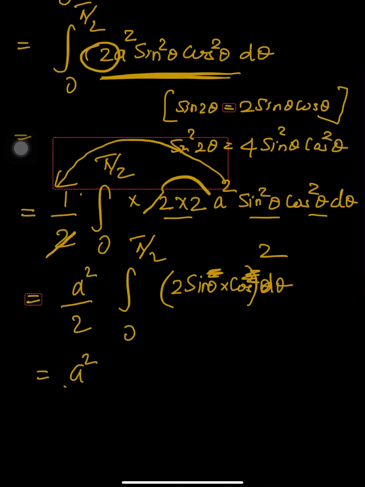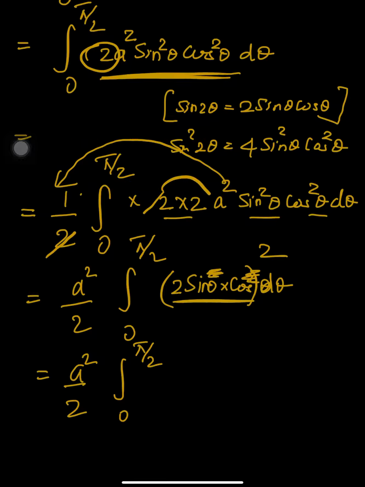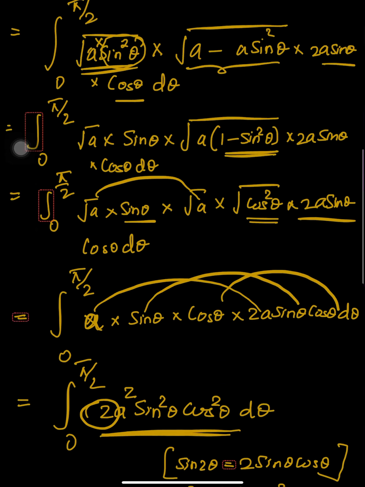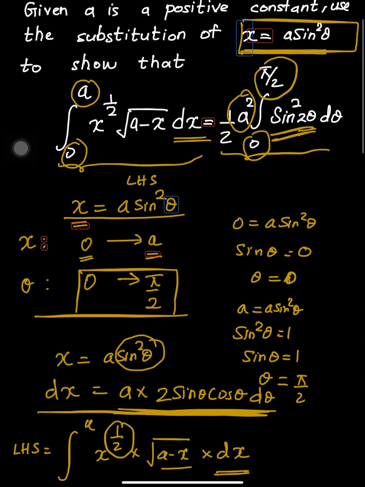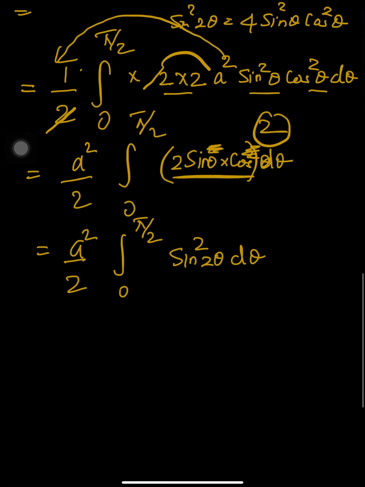So a squared by 2, 0 to pi by 2, 2 sin theta cos theta is sin 2 theta, squared means sin squared 2 theta, d theta. That's the answer. So you have to prove it. This is the right hand side.